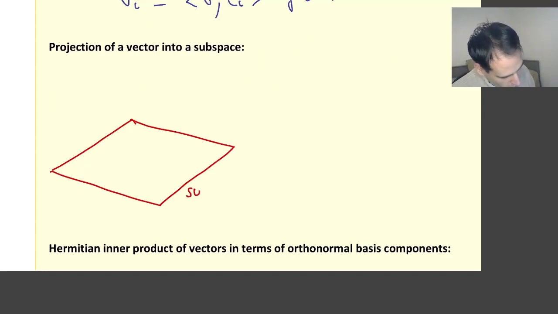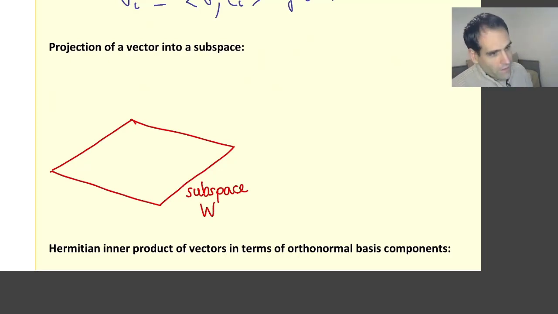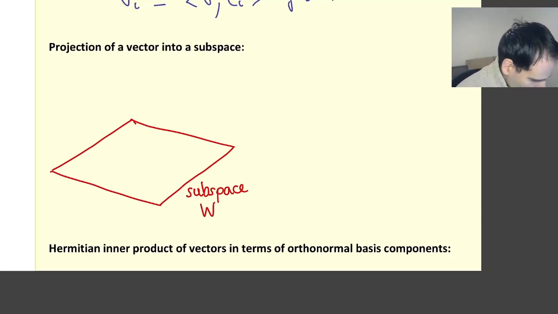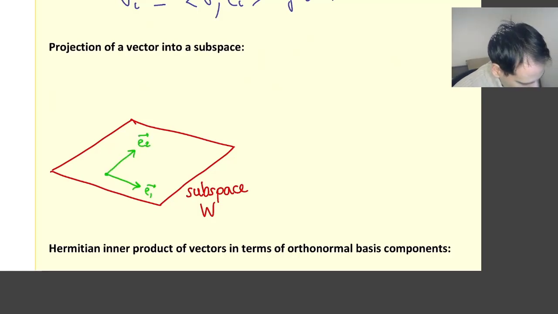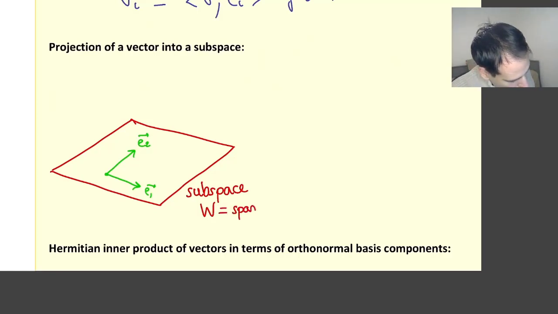Let's call it subspace W, capital W. Now let's say that this subspace is the span of two vectors, vector e1 and vector e2. So these are two vectors that are in the subspace, and they span this subspace. So we could say that W equals the span of e1 and e2.